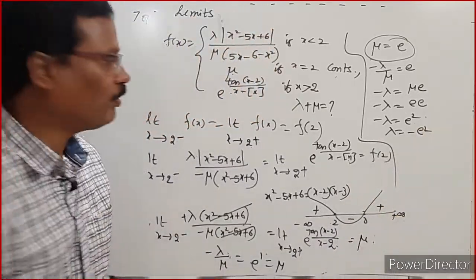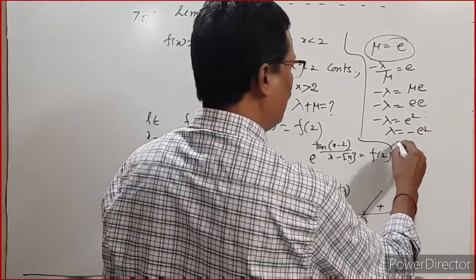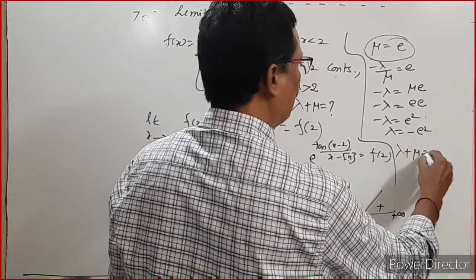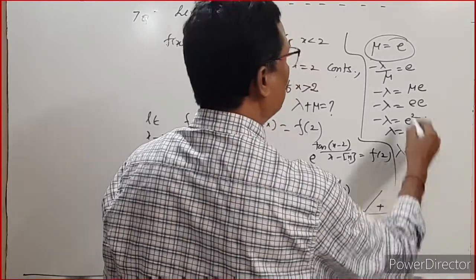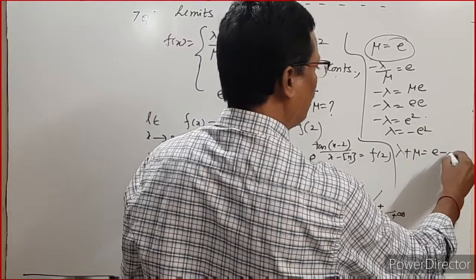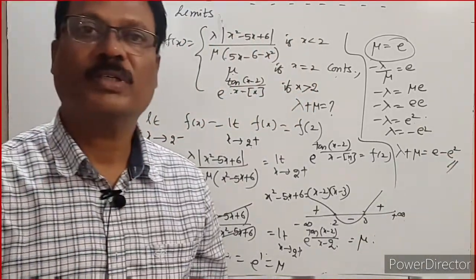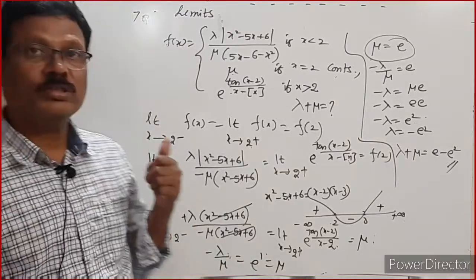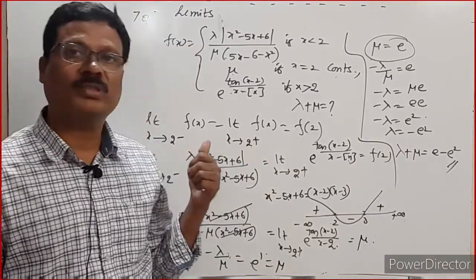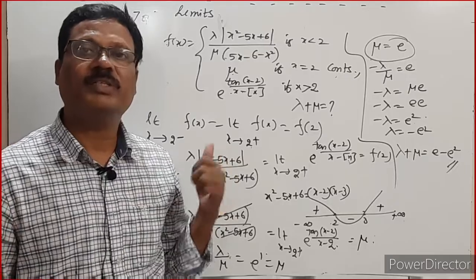What they are asking in this problem? They are asking lambda plus mu. What is lambda? Minus e square. Mu is what? e. Minus e square plus e, therefore this is the answer for this problem. In the 2015 one question, a similar question is repeated.